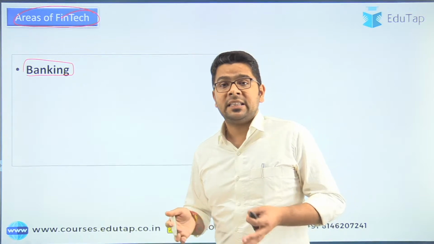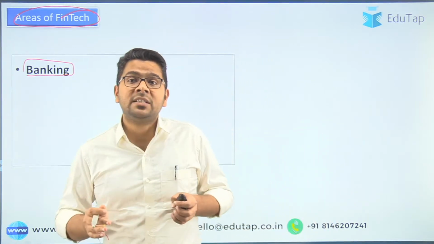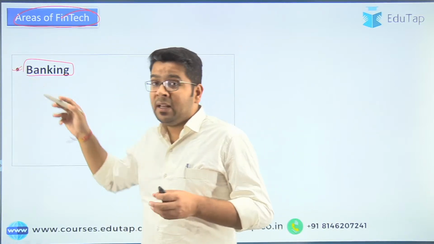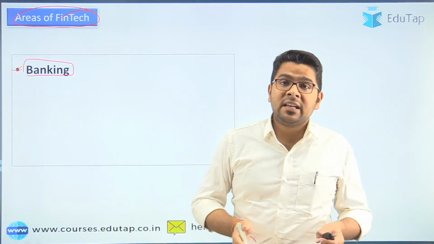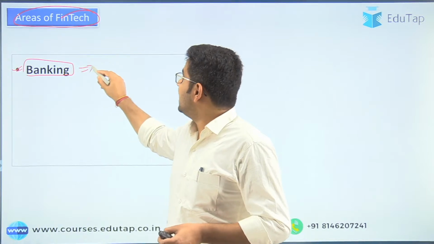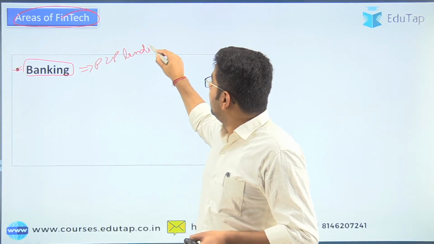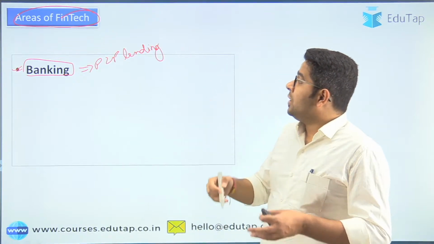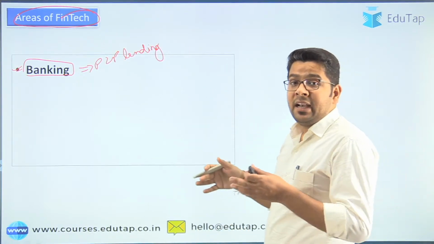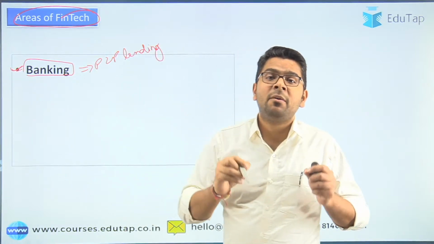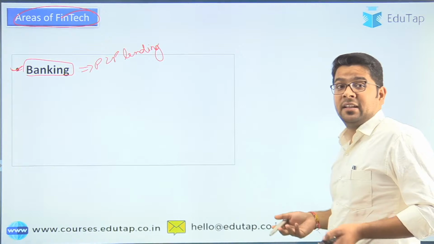What is this? This is the application of technology in financial services. Even now modern technologies are coming up, just like P2P lending. So one of those areas is banking. Just remember the examples. Net banking is another example.